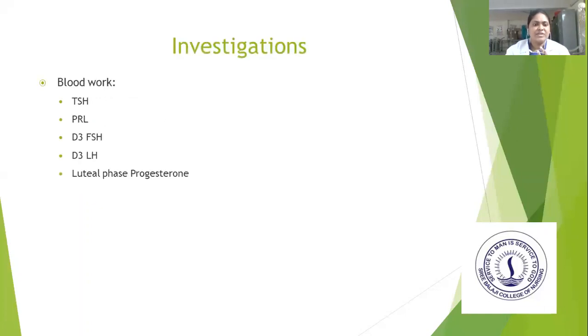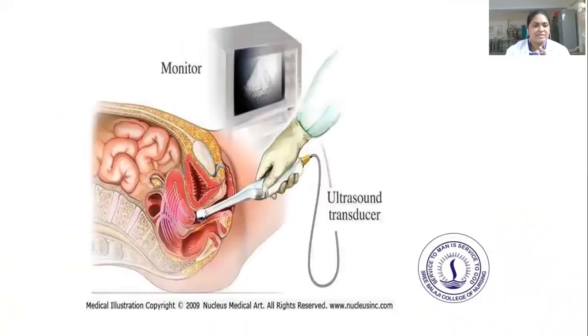The investigations include thyroid stimulating hormone, prolactin hormone, day 3 follicle stimulating hormone, day 3 luteinizing hormone, and luteal phase progesterone. In ultrasound, we have to do the pelvic ultrasound scan and assess with HSG. Diagnostic procedures like laparoscopy can be done at a later stage.